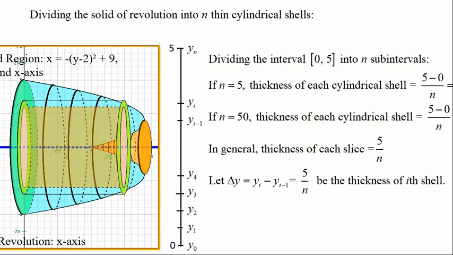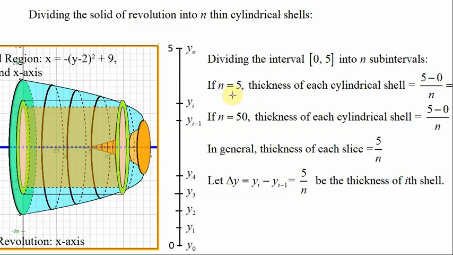So y sub 0 would be 0, and then we get y sub 1, y sub 2, y sub 3, y sub 4, and then we get to the ith subinterval, which is where the ith shell comes from. And then when we get to 5, that would be y sub n.